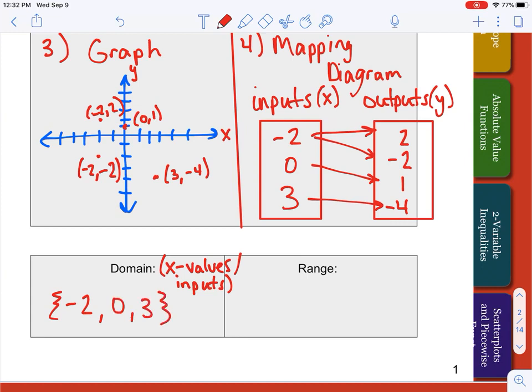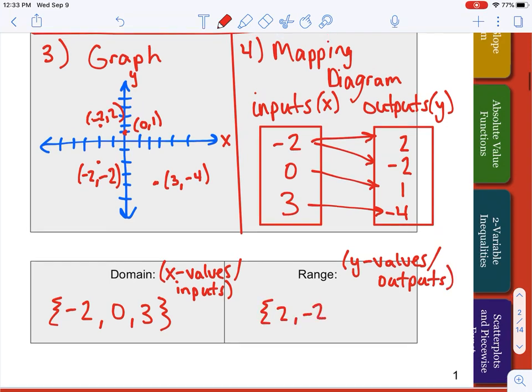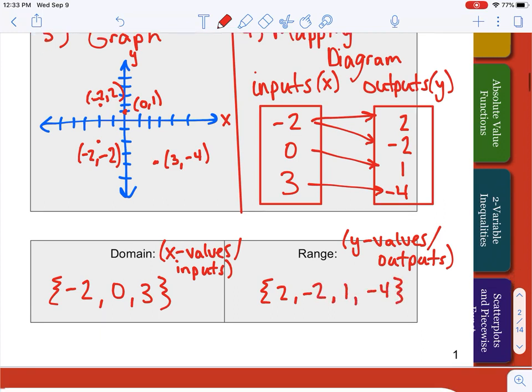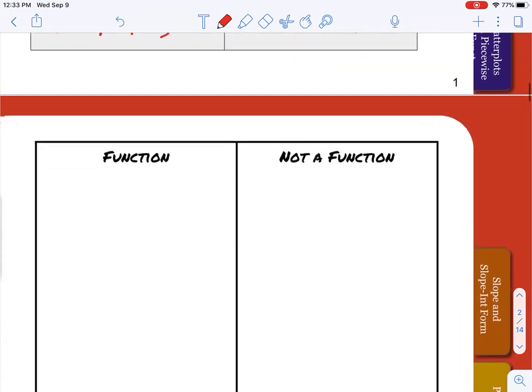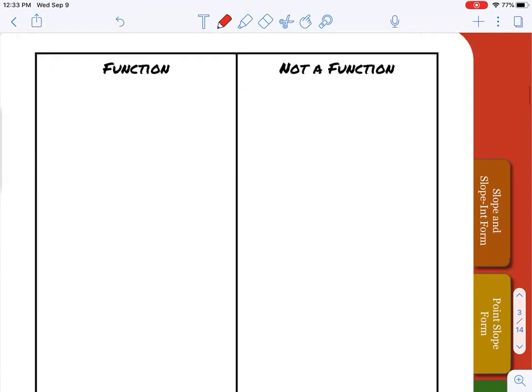Our range is our y values, or our outputs. So that's 2, -2, 1, and -4. Alrighty.